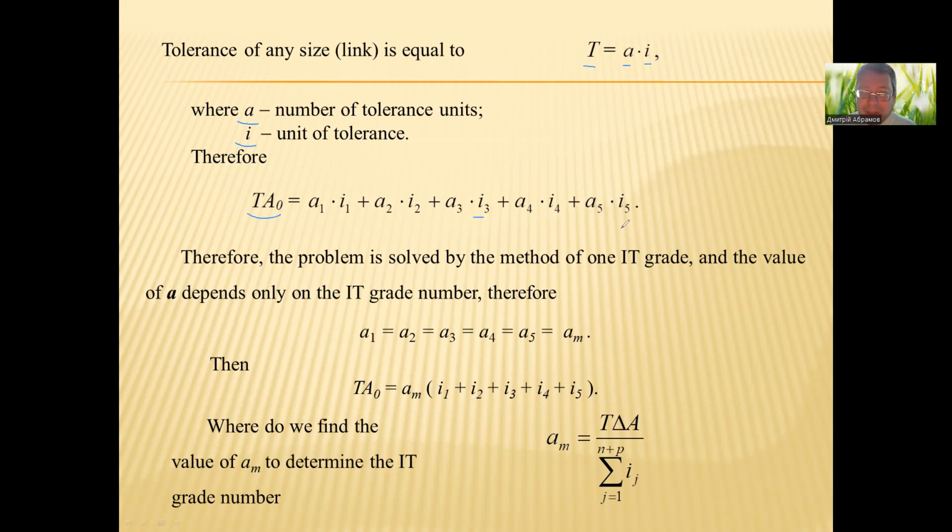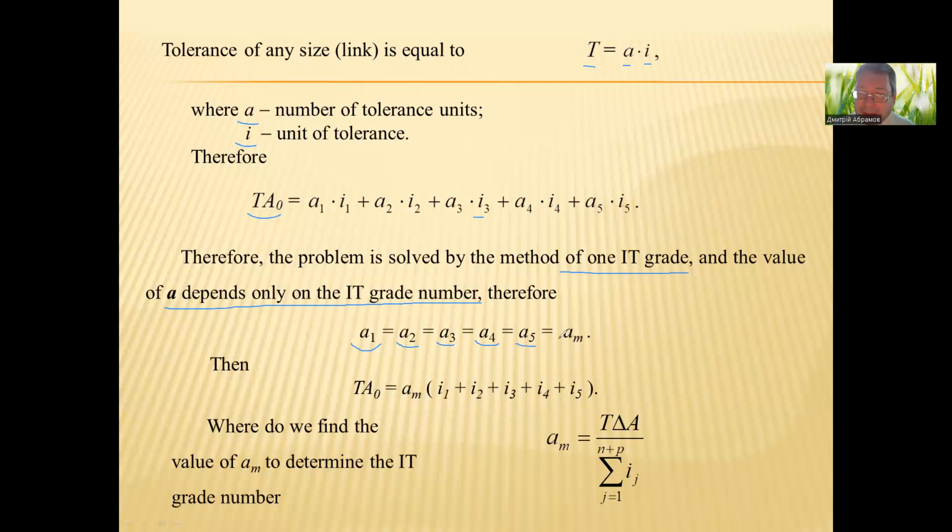Therefore, the problem is solved by the method of one IT grade, and the value of A depends only on the IT grade number. Therefore, A suffix 1 will be equal to A suffix 2, equal to A suffix 3, equal to A suffix 4 and A suffix 5.